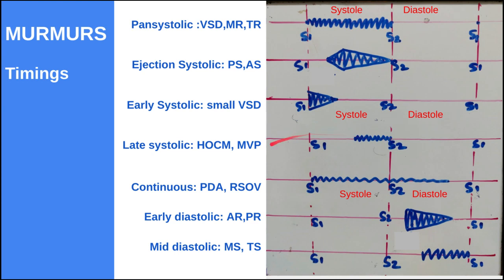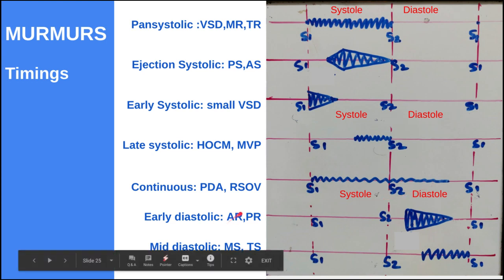Then continuous murmur is heard in patent ductus arteriosus and ruptured sinus of Valsalva, and the continuous murmur starts in systole, overlaps S2, and spills over into diastole and maintains the same character.